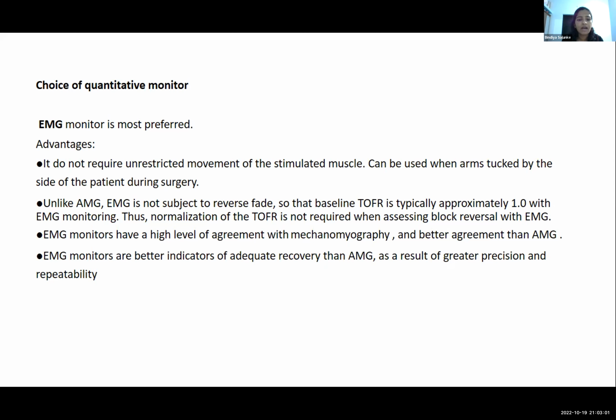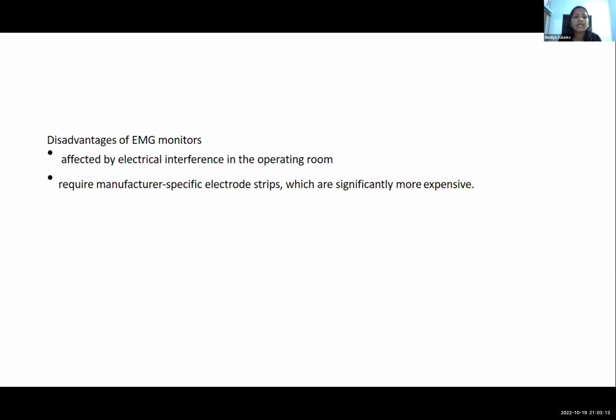EMG monitors have a high level of agreement with mechanomyography and better agreement than AMG. And EMG monitors are better indicators of adequate recovery than AMG as a result of greater precision and repeatability. The disadvantage is that it can be affected by electrical interference in the operation room, like electrocautery, and it requires a manufacturer-specific electrode set, which is more expensive.